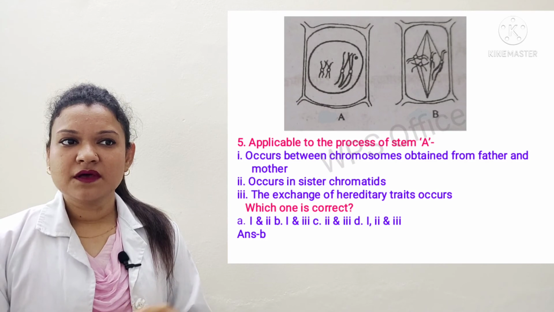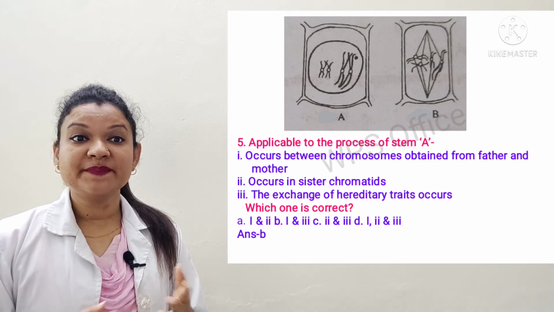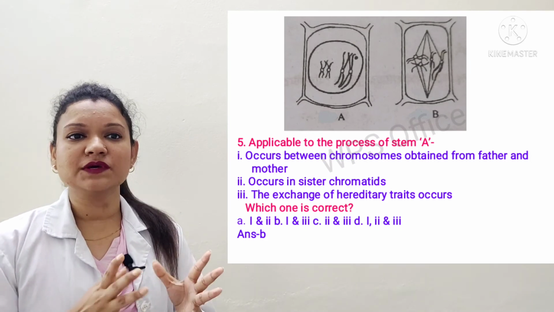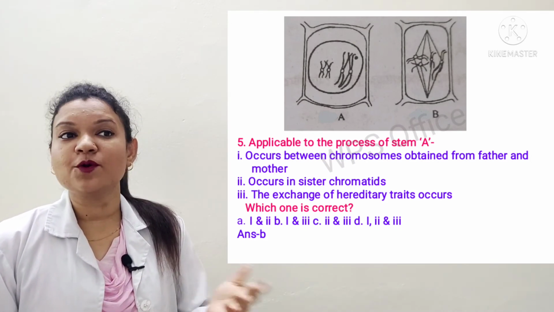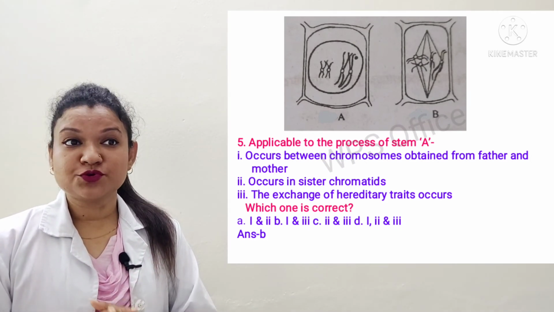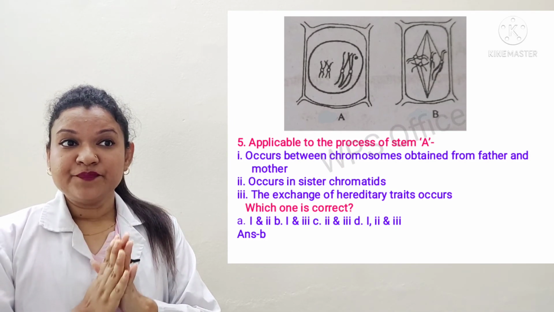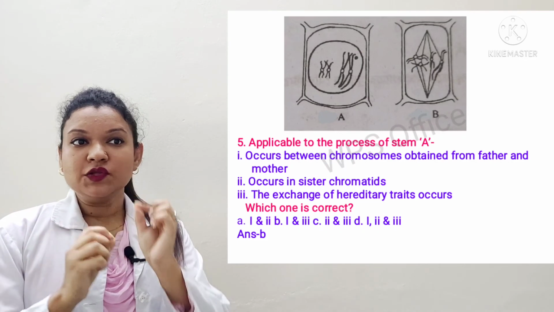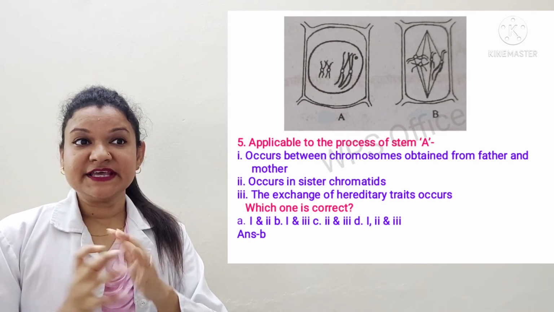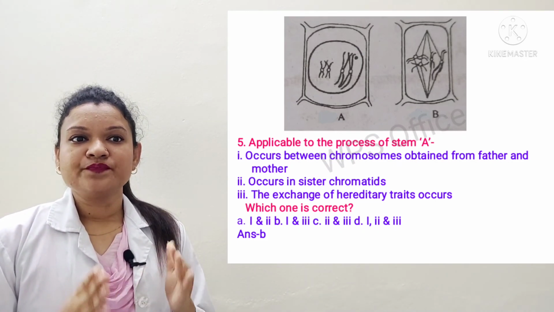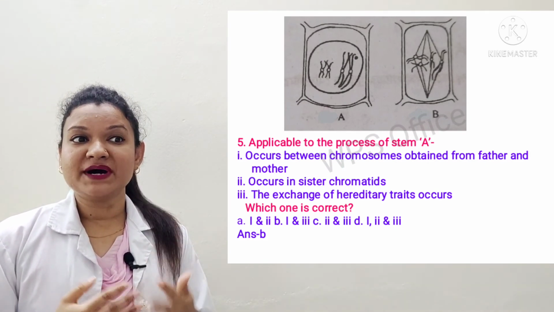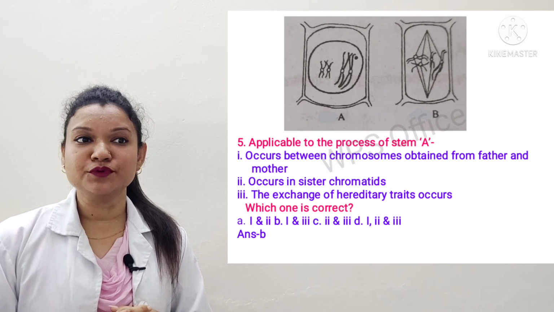Number 1 occurs between the chromosomes obtained from father and mother. I said crossing over happens between homologous chromosomes. What do you mean by homologous chromosomes? Homologous chromosomes: homo means same and logos means same, genes are present at the same locus. One comes from the father and one comes from the mother in the homologous chromosomes.